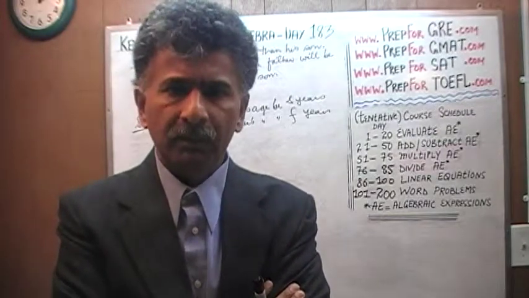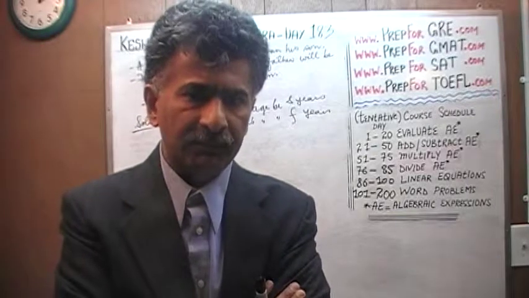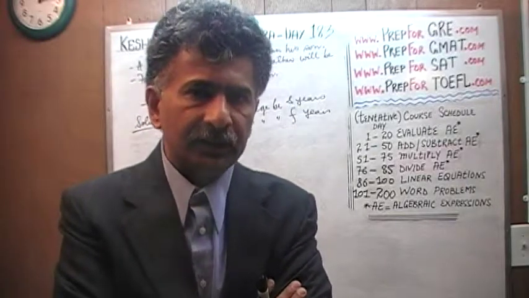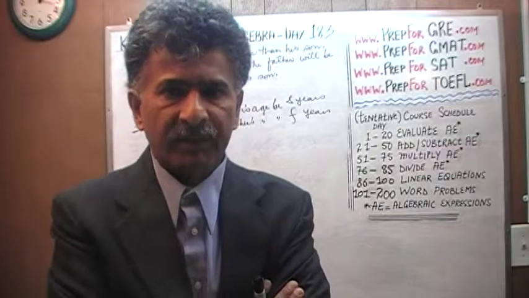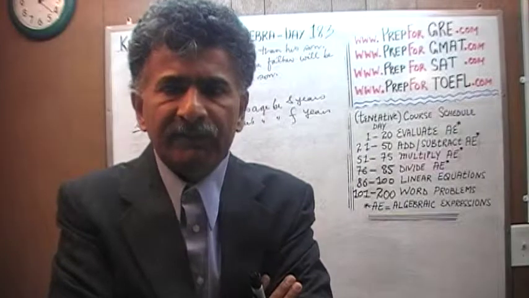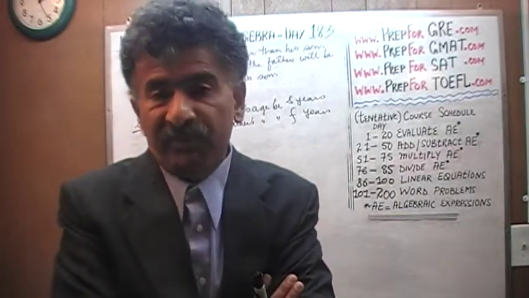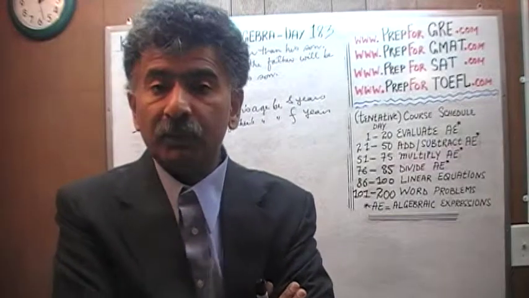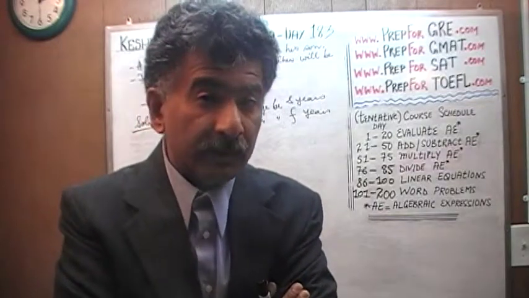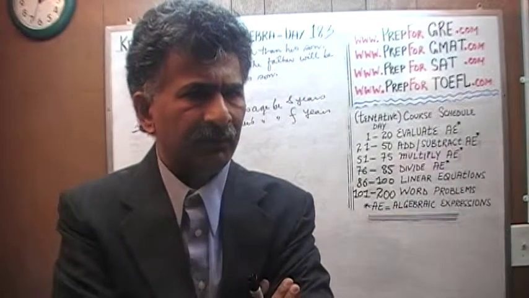There is nothing wrong with it, but I prefer to name my variables in such a way that it's easier to realize right away what that variable represents. So when I see S right away, I know that it's the son's age, because S for son. If I see F, well, that must be father's age. But if we were to put X and Y, then we have to go around remembering whether X represented father's age or son's age.